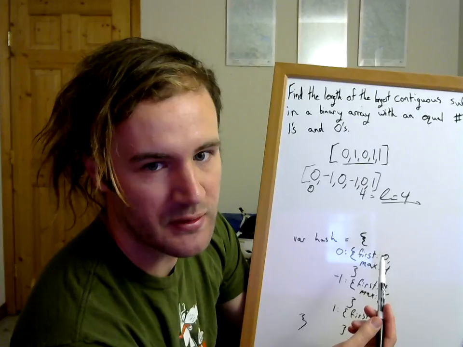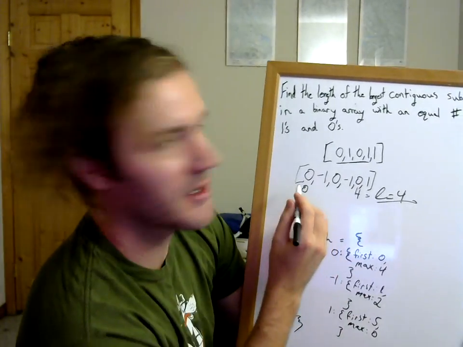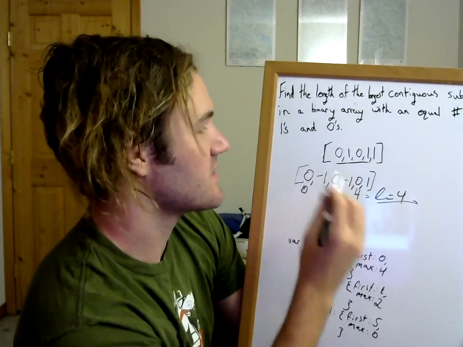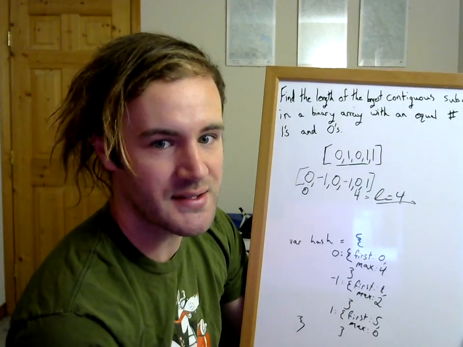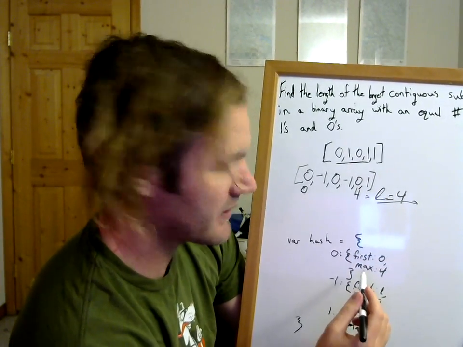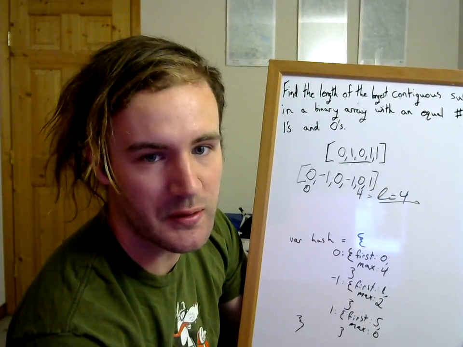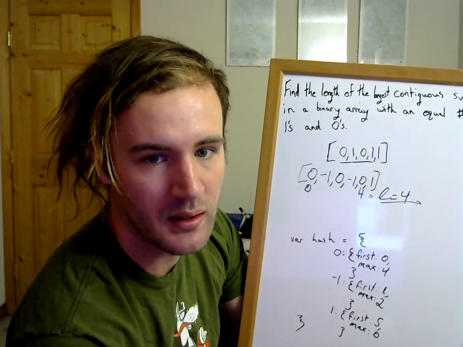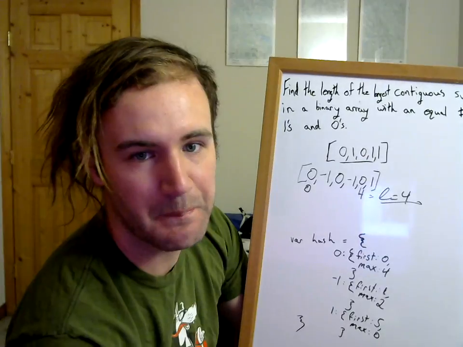That plus 1 is your left index, because again, we started at 0, which is outside of here, but that's just our base, so we level out back to 0. And then the right side of your subarray is going to be your first plus your max.